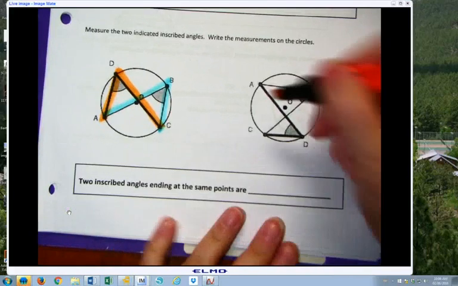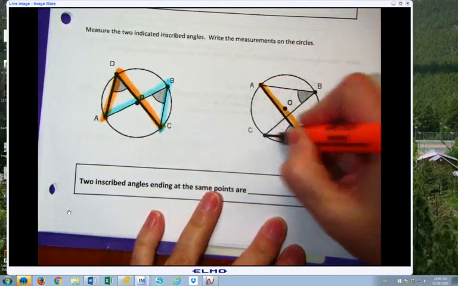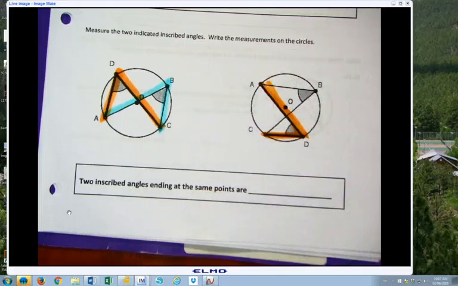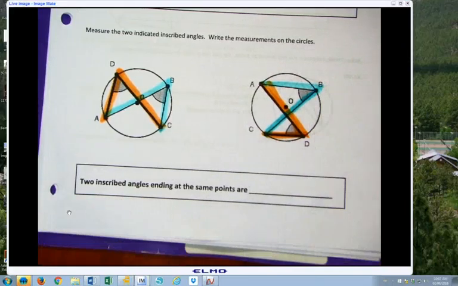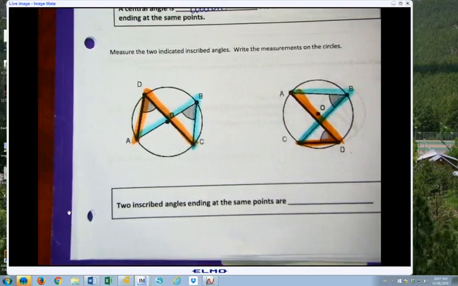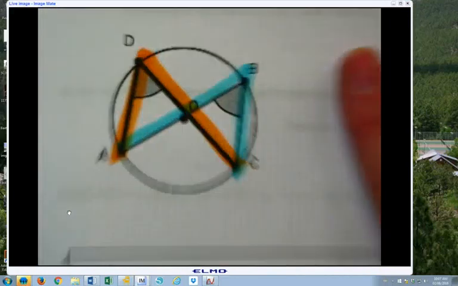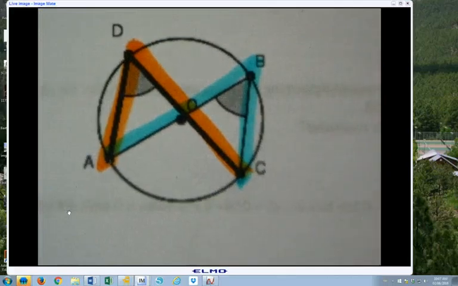In the second diagram, we're going to measure A to D to C. And the second one is A to B to C. Again, you'll notice they have the exact same starting and ending point. How do you know they're going to be the same? It looks the same.